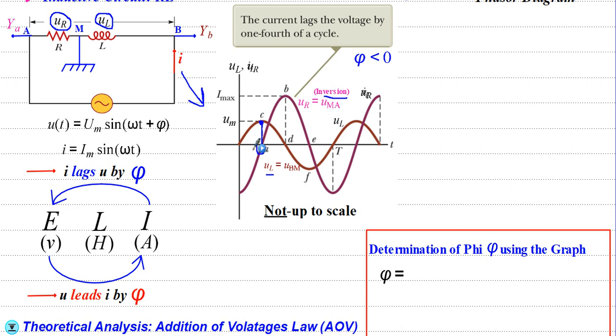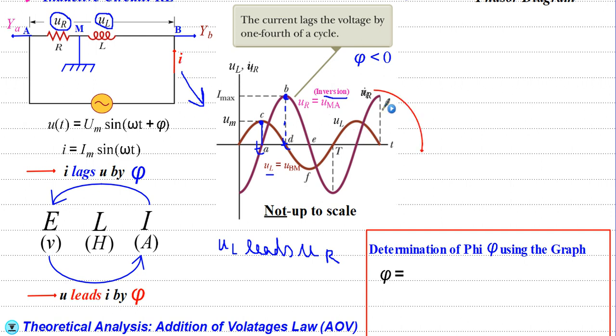So we're gonna call it T at A. And we realize that the maximum voltage of the resistance is at B, it's actually here at D, and we're gonna call this T at D. We realize that the maximum voltage of the coil is reached before the maximum voltage reached by the resistance. So this means that U of L leads U of R.